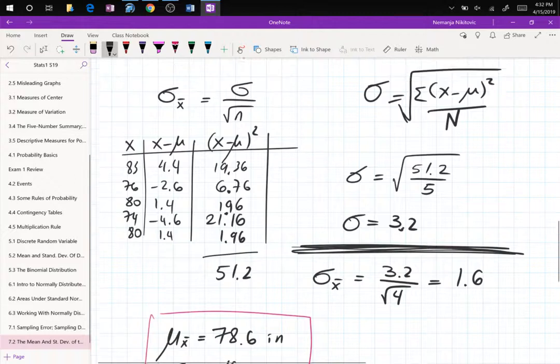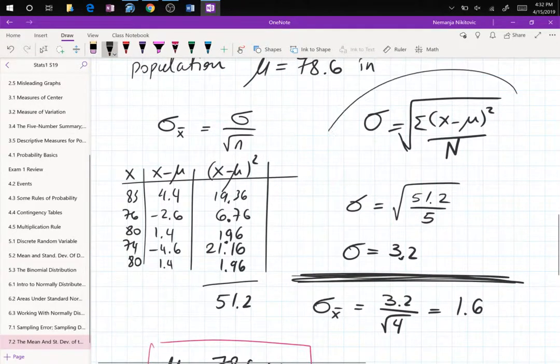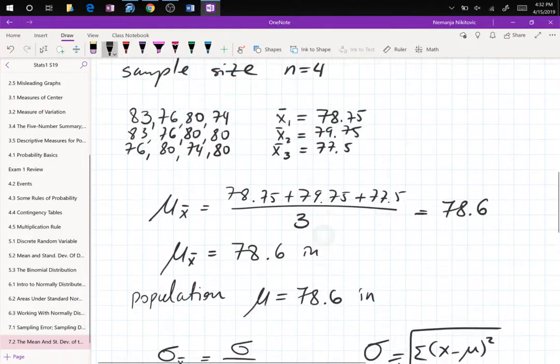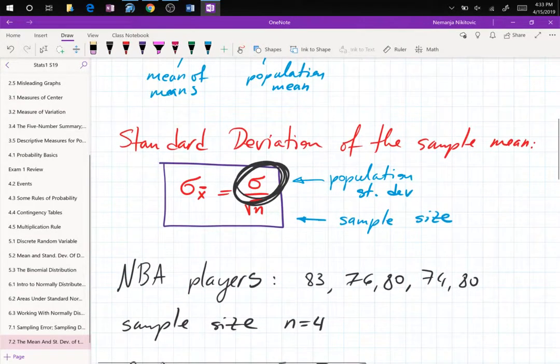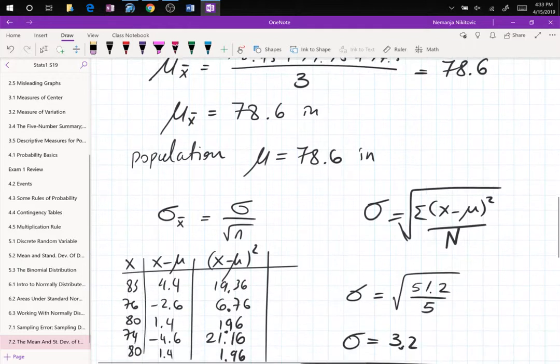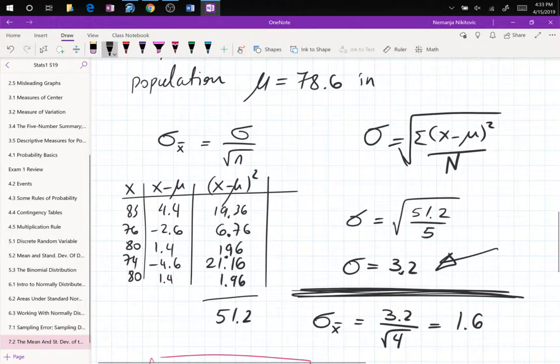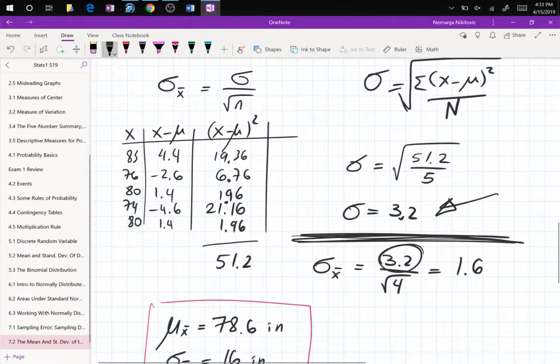So this calculation that I did here, including the chart, is just to find this sigma here. So all of that was just to find your good old population standard deviation you had on your previous exam. And then when you get that number, here is that number divided by the square root of the sample size. Okay. All right, so there are two separate calculations.